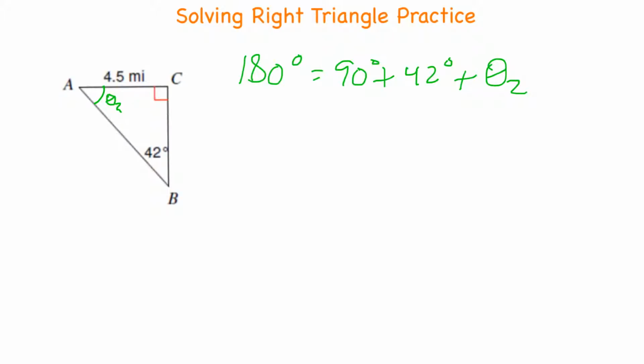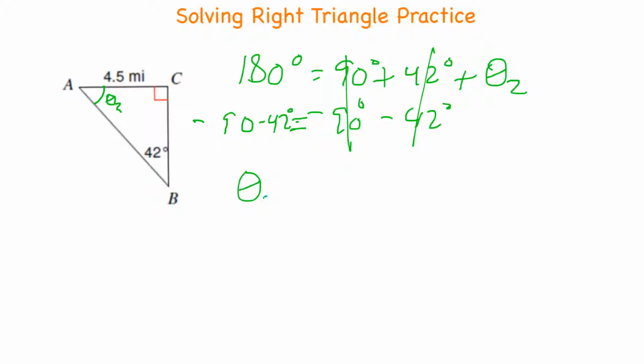Alright, so obviously we need to subtract 90 and 42 from both sides. That goes away, and we're left with theta 2 is equal to 48 degrees.